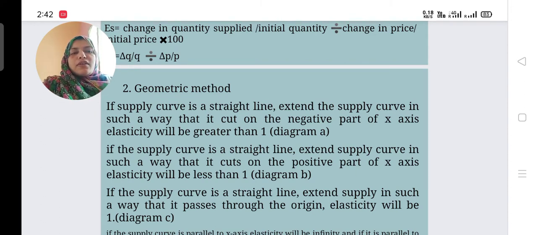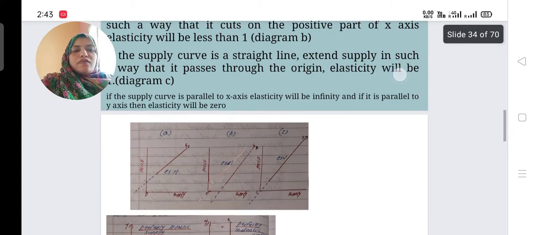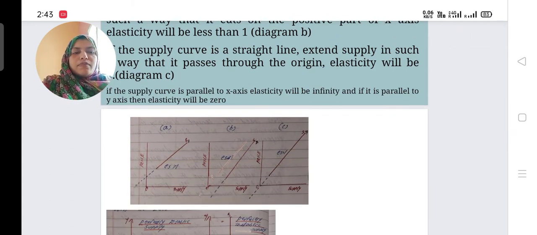If the supply curve is a straight line, extend it in such a way that it cuts the negative part of the x-axis, then elasticity will be greater than 1. We check this in diagram A. That is cutting the negative part, going outside, so ES is greater than 1.